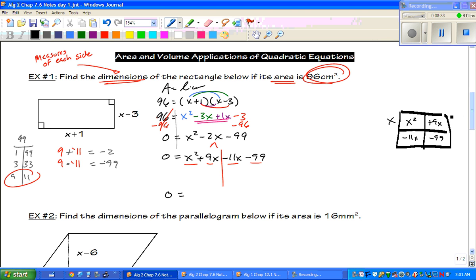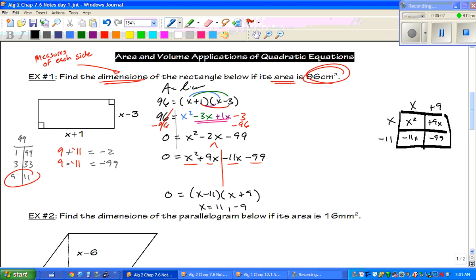The GCF of the top is x, of the bottom is negative 11. Of the left column, it's x. In the right column, it's positive 9. So that's where we get x minus 11 and x plus 9. And now we know from this that x equals 11 or negative 9.